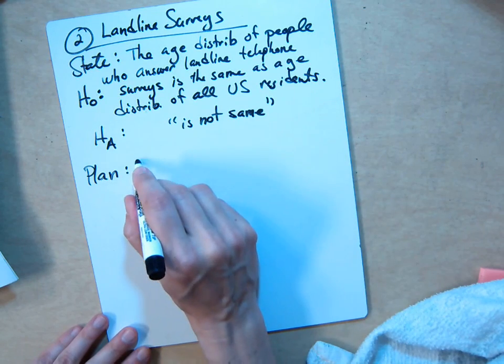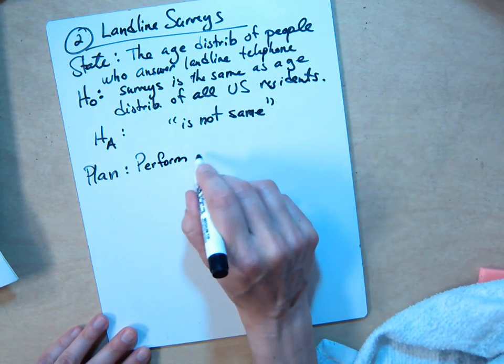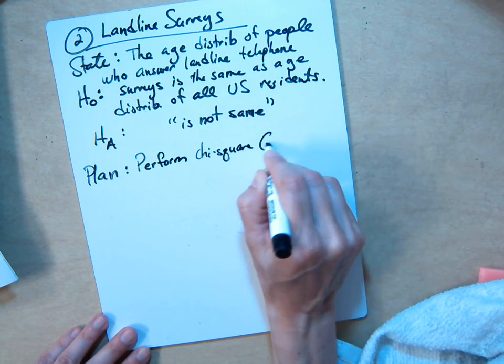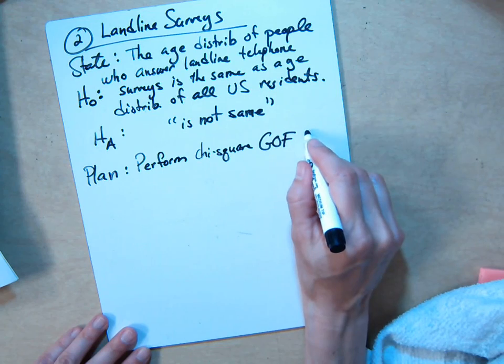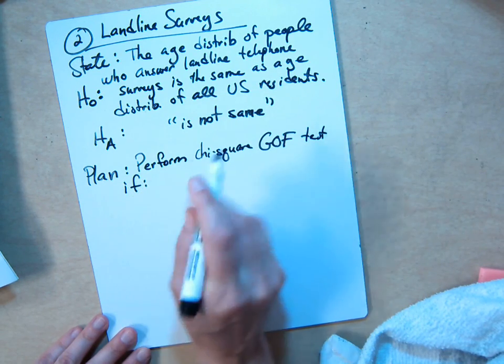Then our plan is to be sure you name the test. Maybe do that first. Perform chi-square goodness of fit. Feel free to abbreviate goodness of fit test if the conditions are met.